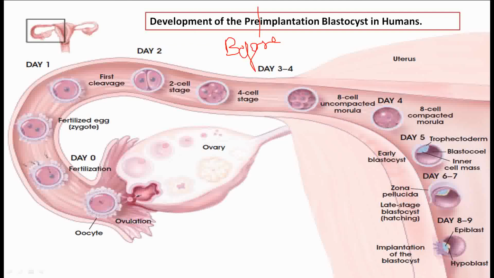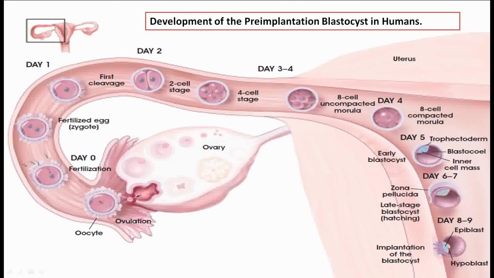So pre-implantation means before the implantation. Implantation is the attachment of the zygote with the uterine wall, and we are going to see the development that is happening before the implantation. The implantation stage of the zygote is a blastocyst in humans. So we are going to see pre-implantation events in humans.